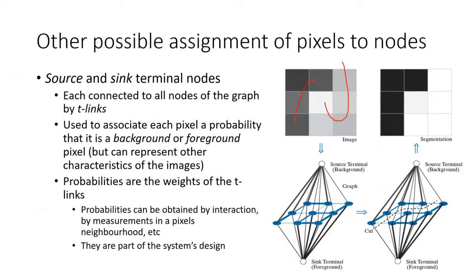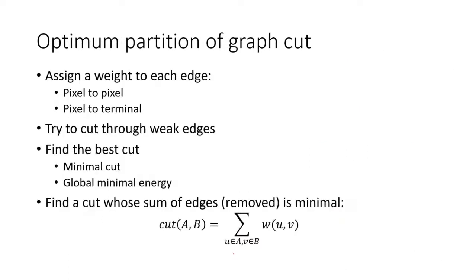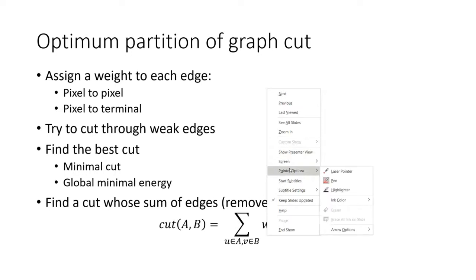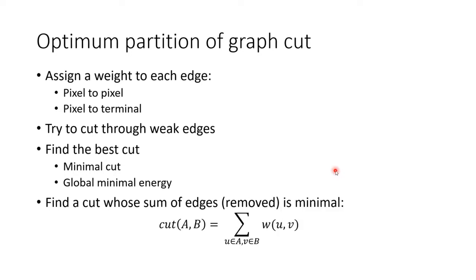And the choice always depends on the system's design, on what you want to do with the system. Let's look a little bit closer to finish this lecture. What does it mean exactly, this optimum partition of a graph? Basically, you have to assign a weight to each edge.